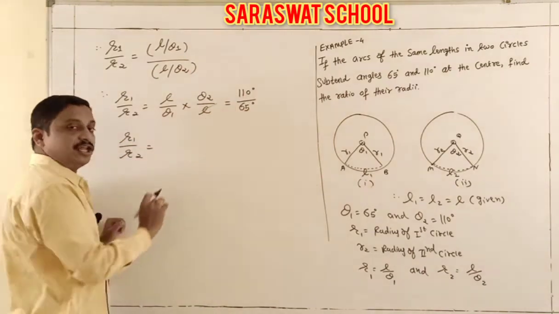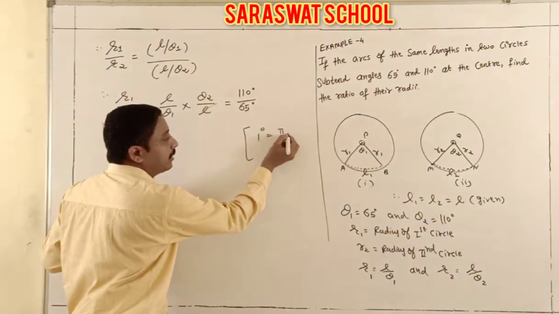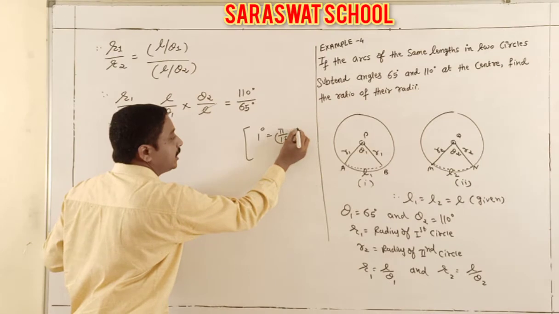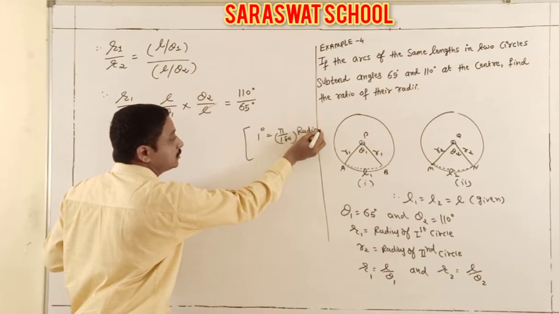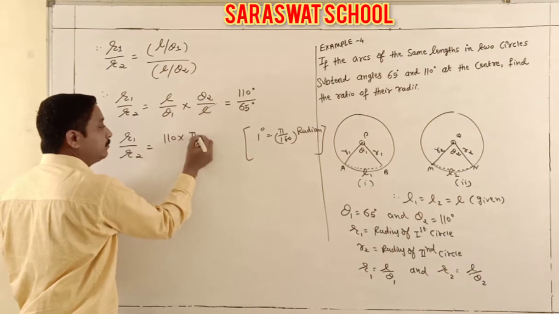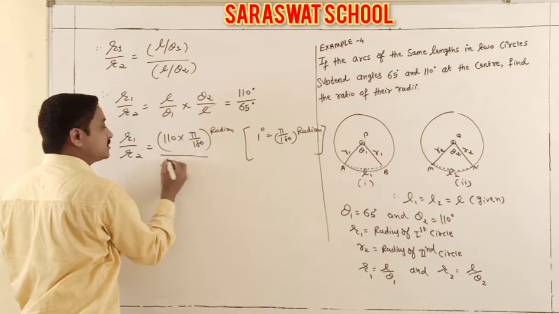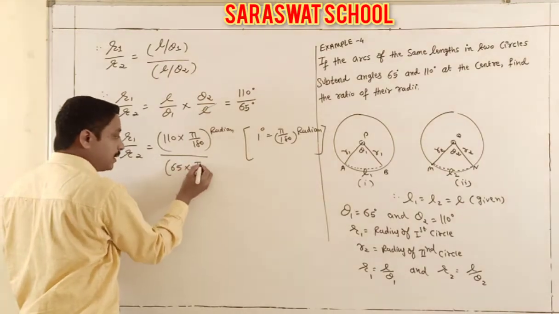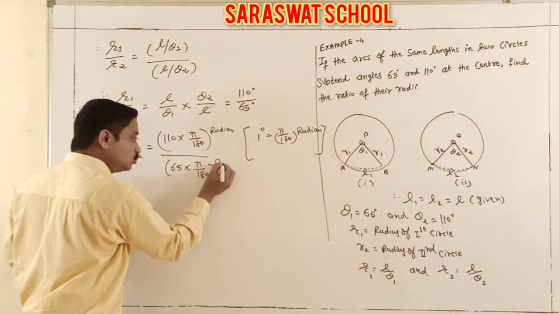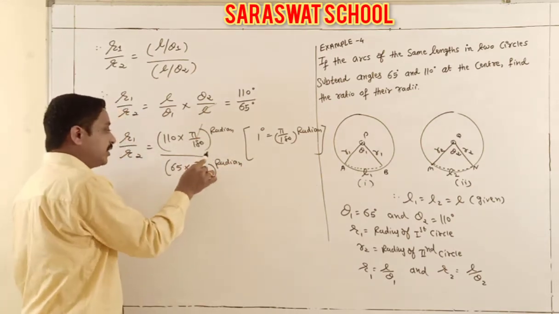Students, translate the degree measure into radian measure. You know that 1 degree is pi by 180 radian. So here 110 into pi by 180 radian, over 65 into pi by 180 radian. Now cancel.